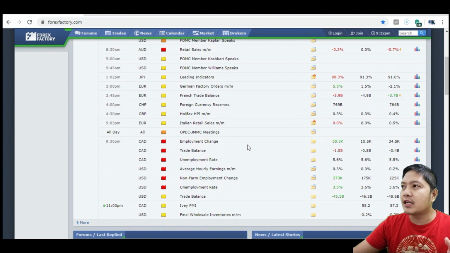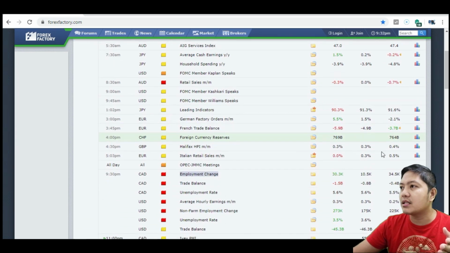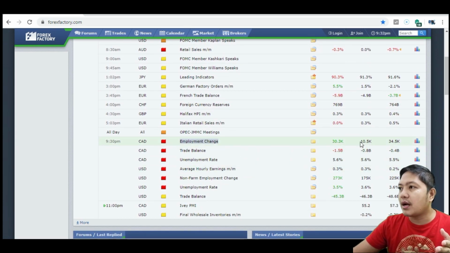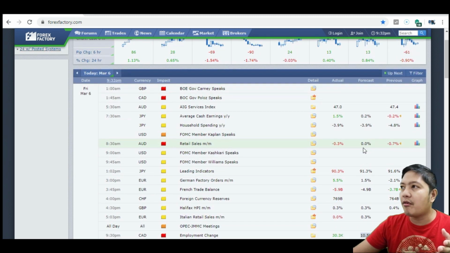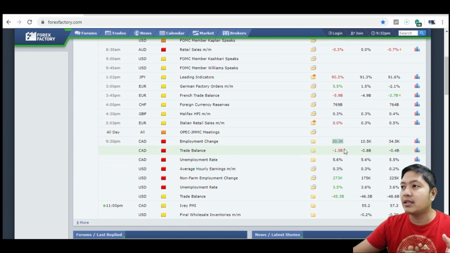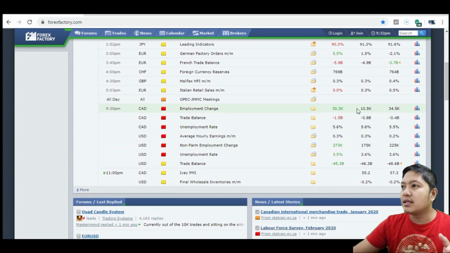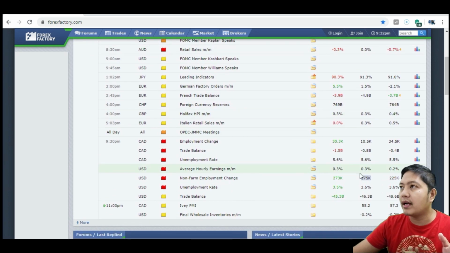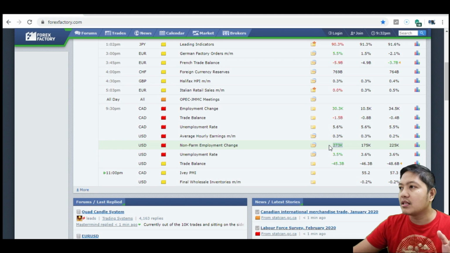because, you know why, the expectation for Canadian dollar employment change is actual versus forecast. You see, the forecast is about 2.5k, but the actual is higher, 30.3k, right? So it's a good number. As for the US, the forecast is 175k, but the actual is even higher, almost double, 273k.